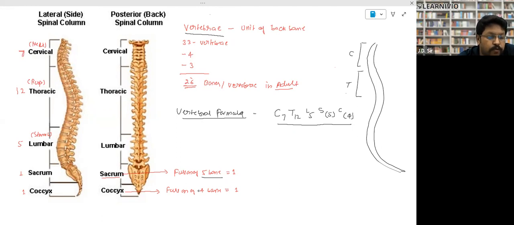Coccygeal is a fusion of 4 bones. 4 bones become 1 bone. So how many bones deducted? 3. I have deducted 3 from here, right? So out of 33, 7 have been deducted, and the answer will be 26. So an adult person like me and you will have 26 bones, right? Yes, sir.